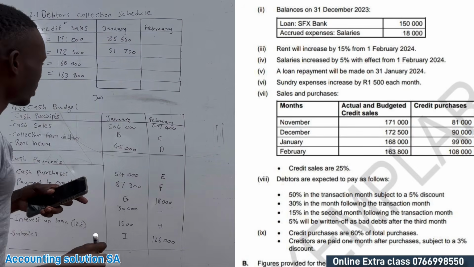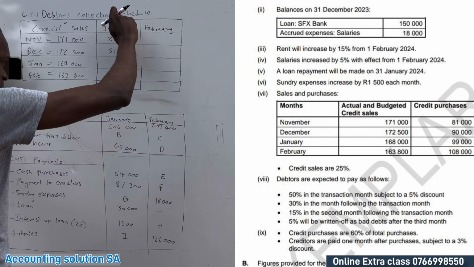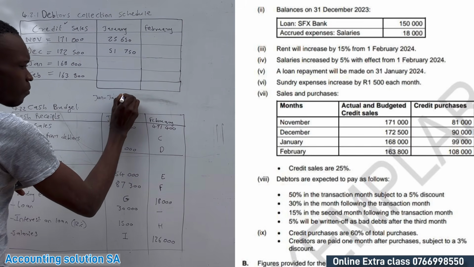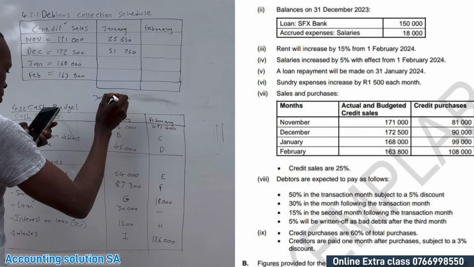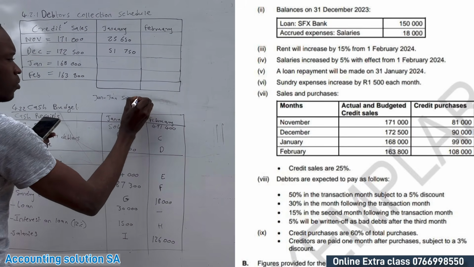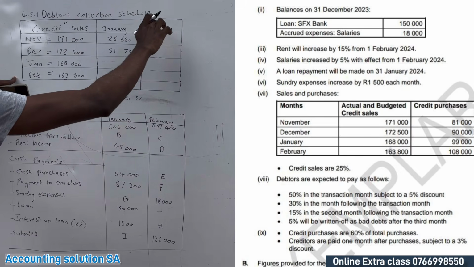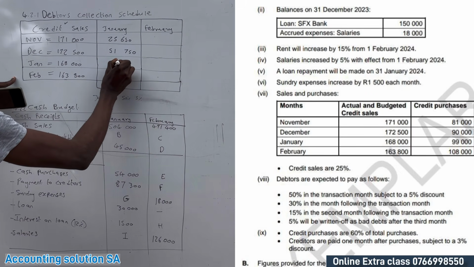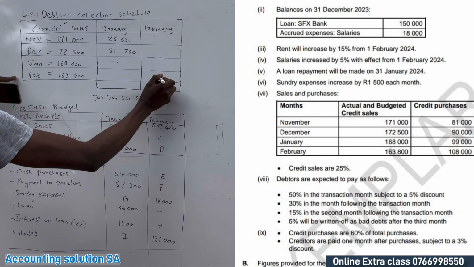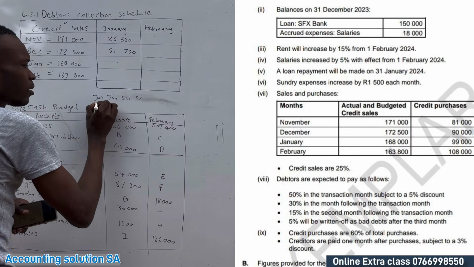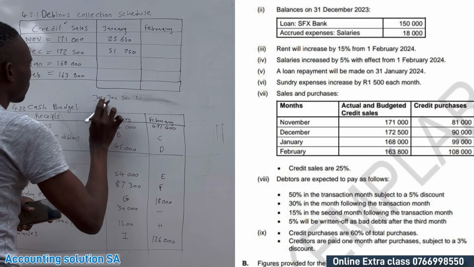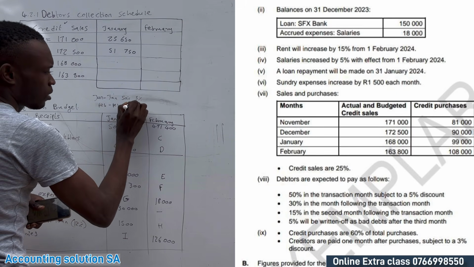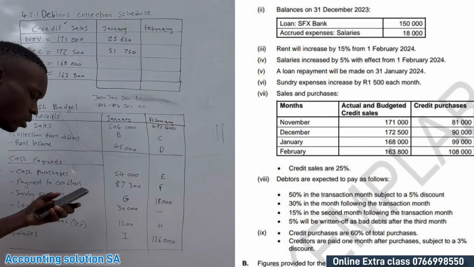On the same month, January versus January, we're going to collect 50% and we calculate the 5% discount. February and February, we're going to collect the same: Feb and Feb is 50% and 5% discount.